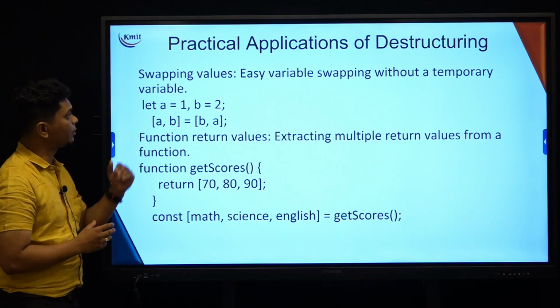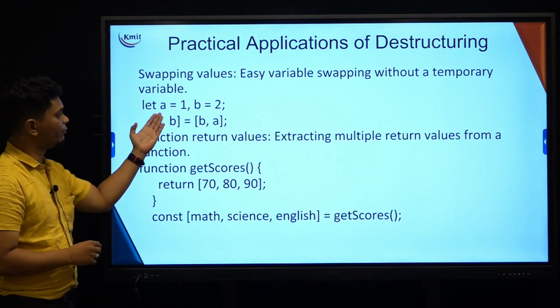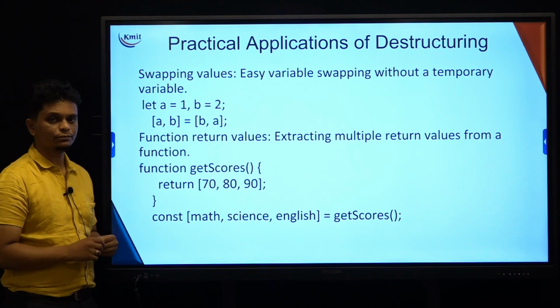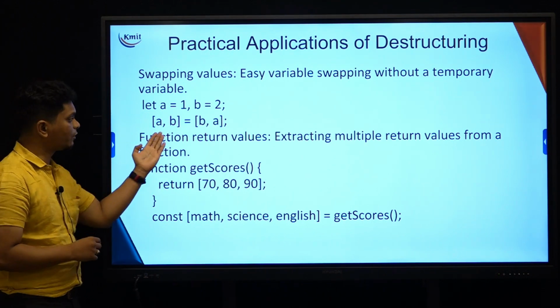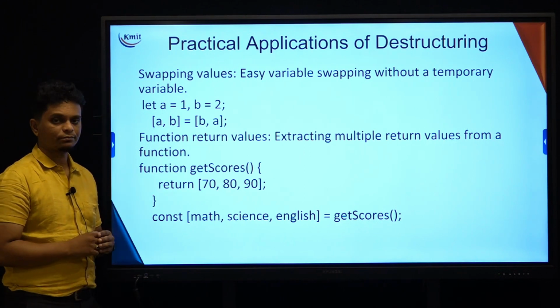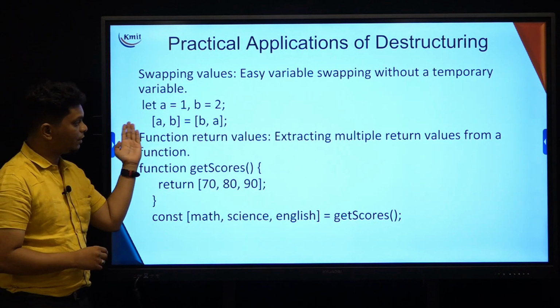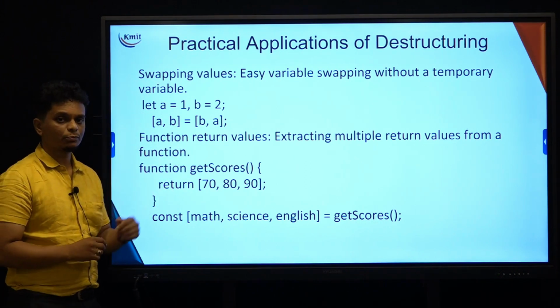Okay. For example, here we have a variable, let a equals to 1 and b equals to 2. Okay. And we can easily interchange them using the concept of destructuring.